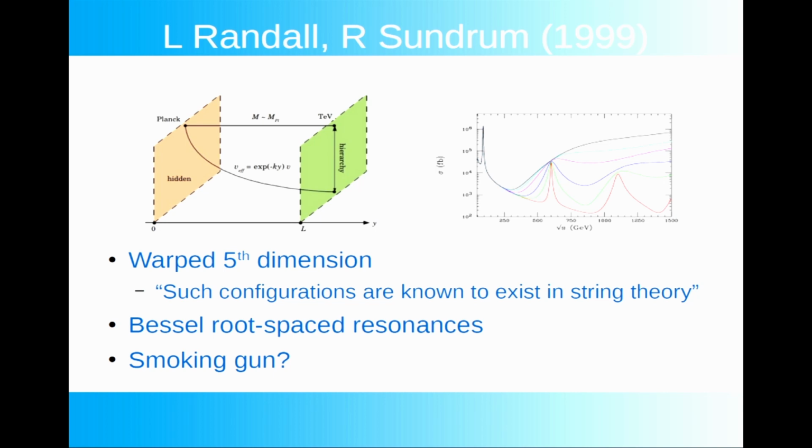So I had a lot of colleagues who then said, wonderful, we can now tell between Kaluza-Klein geometry and the Randall-Sundram geometry, because clearly, if you see this tower of resonances spaced along the roots of a Bessel function, this is the smoking gun for a warped geometry.